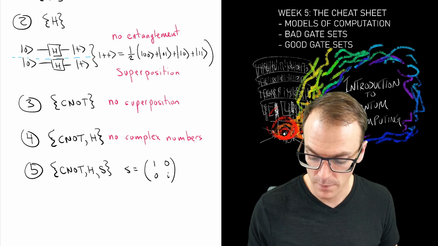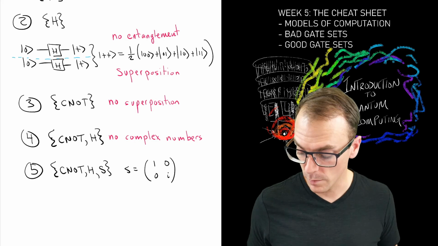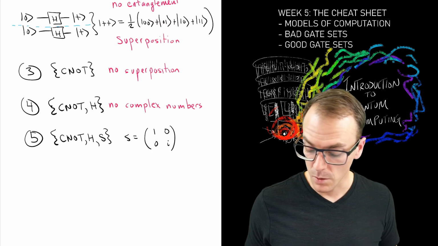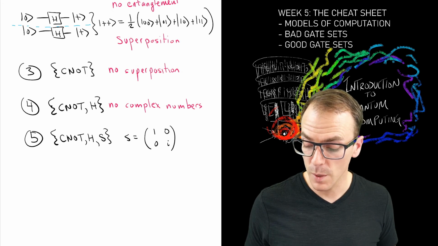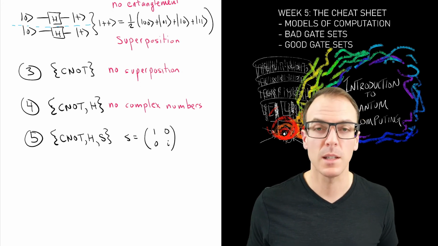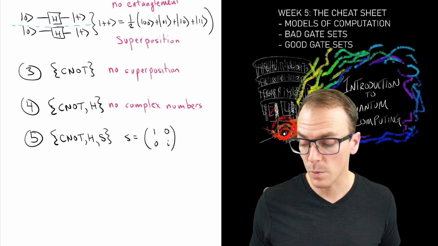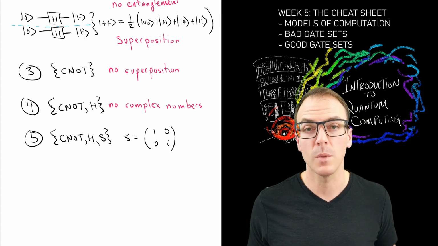It's this phase gate that we looked at much earlier. So now I can generate complex numbers, but it's a bit more subtle to see. In a sense, you can't even see it, but it's a result within the field of quantum computation that this gate set you can efficiently simulate classically as well.